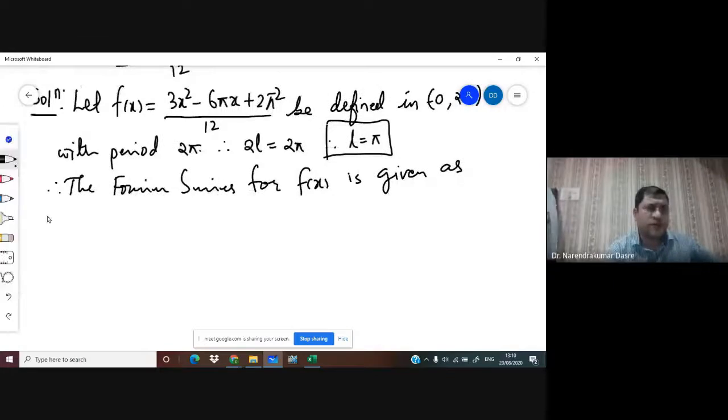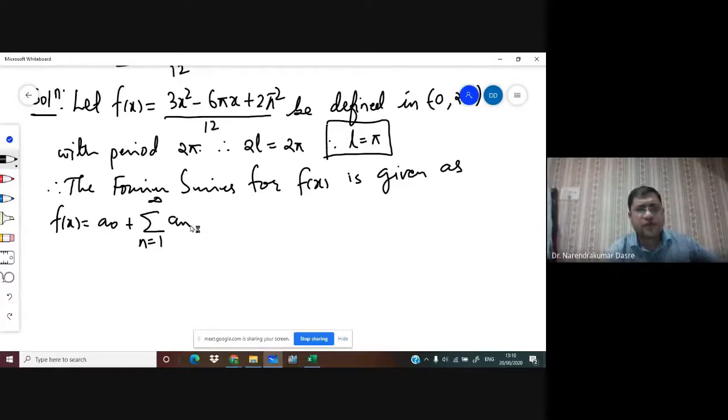we can have the Fourier series as f of x is equal to a0 plus summation n running from 1 to infinity an cos of nx plus summation n running from 1 to infinity bn sine of nx.